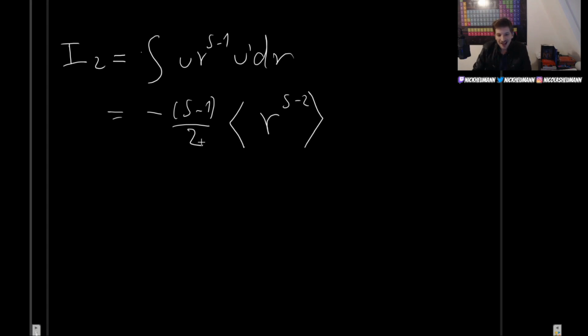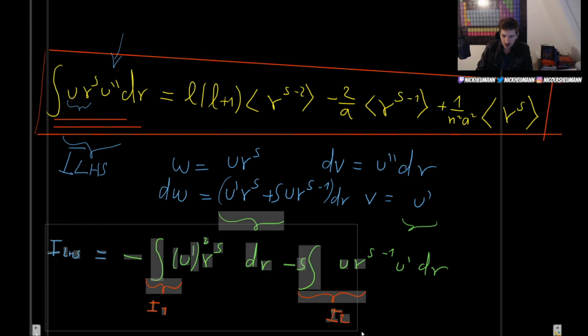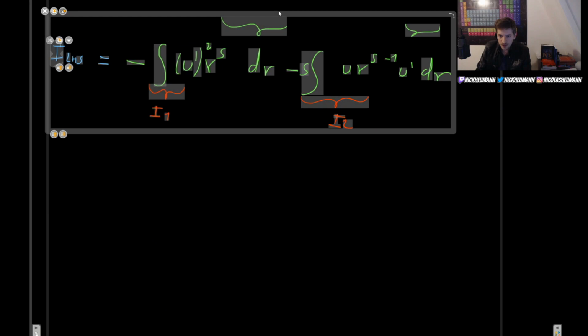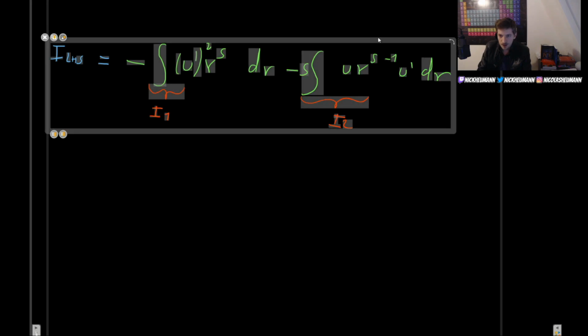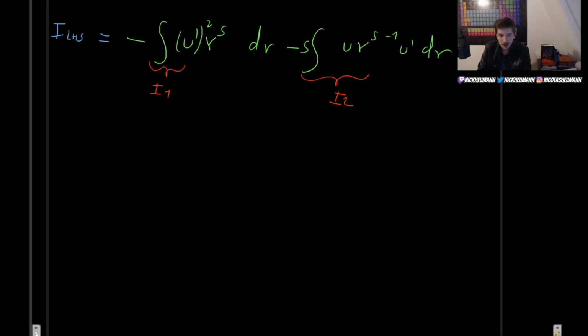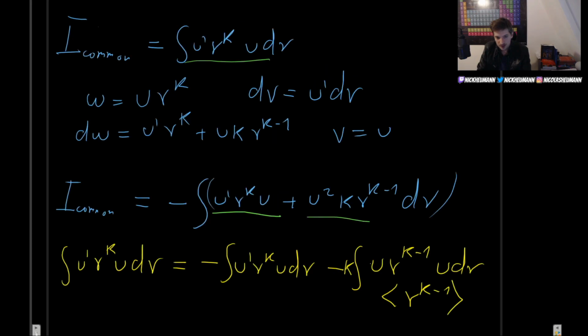Amazing. So let's now put everything together. Where was our formula here? So we have to put it into this integral right here. So let me copy it, go to a new page, and just plug all of our results in. Does it fit? Yeah. Okay, so I1, we already found the result. Let me see if I can find it. I think it's somewhere over here.